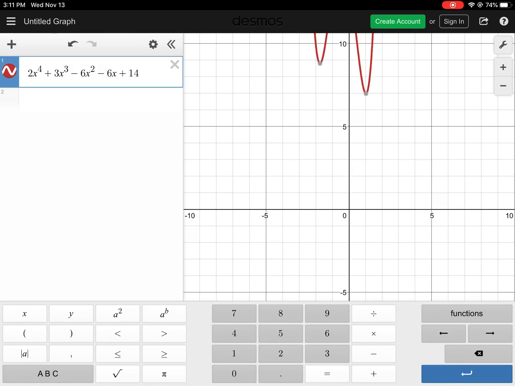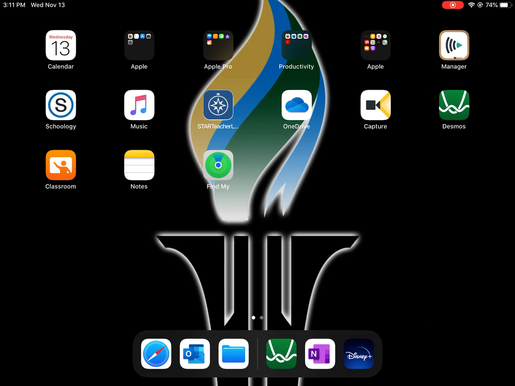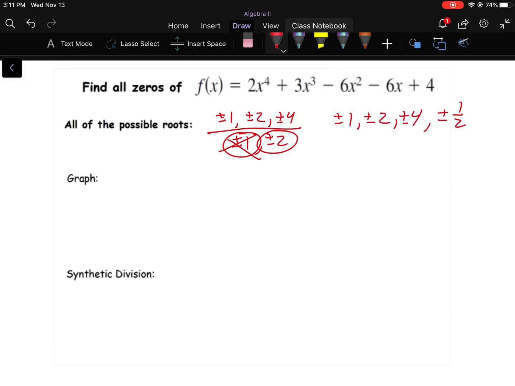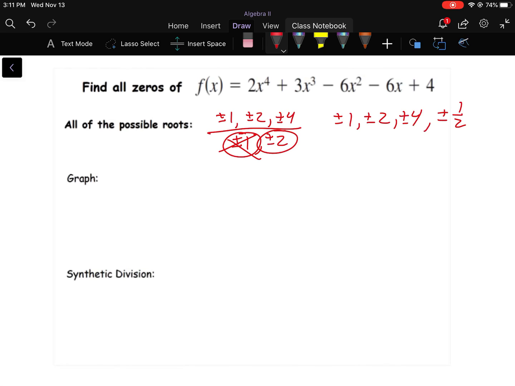Now, oops, I must have typed in something a little wrong here. 2x to the 4th plus 3x to the 3rd minus 6x to the 2nd minus 6x plus 4. I'm going to go back to my function here. Oh, I got an extra term in there. No, I don't. So 2x to the 4th, 3x to the 3rd minus 6x squared minus 6x plus 4.